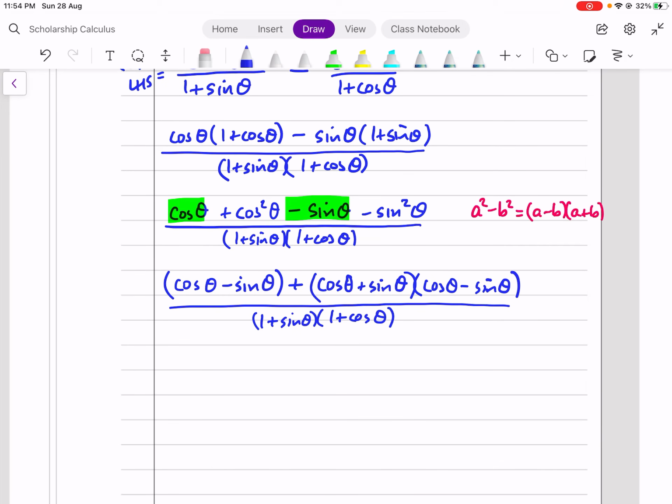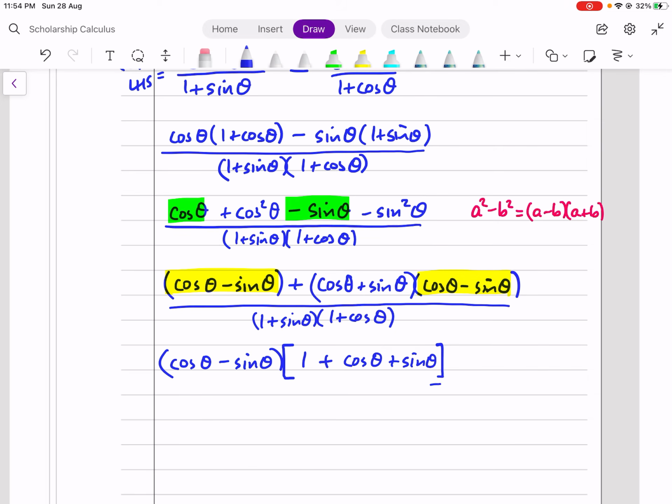The numerator now has a common factor. Oopsies, it's not that one though. It's that one. So I can factor that out, multiplied by 1 plus cos theta plus sine theta.